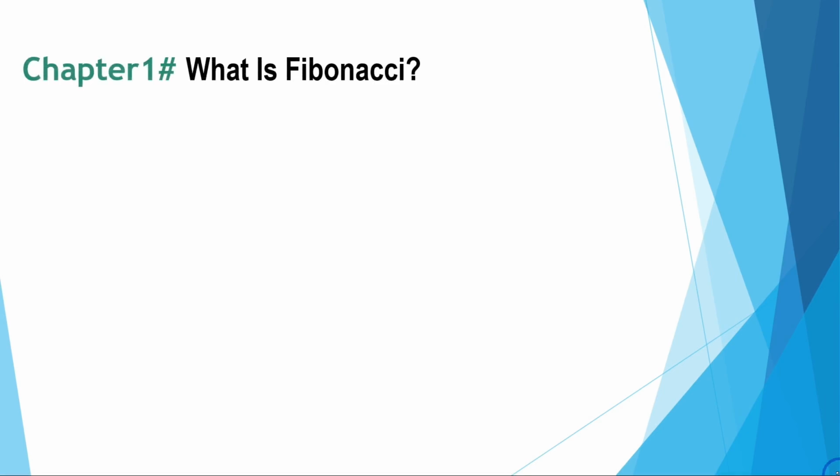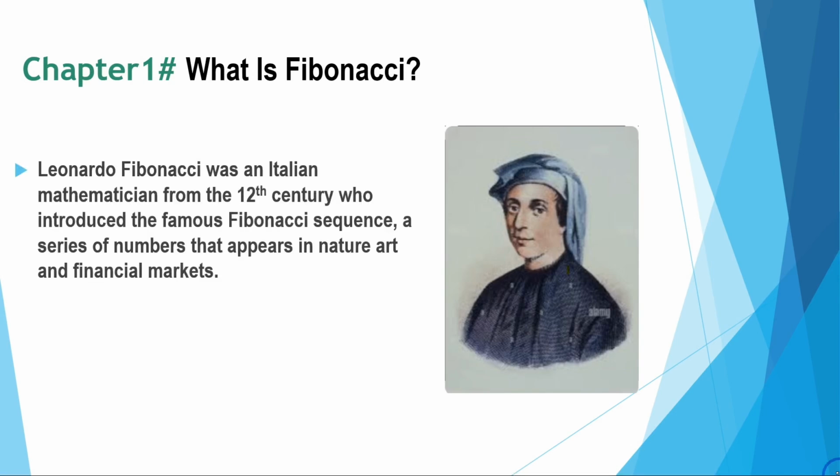What is Fibonacci? Leonardo Fibonacci was an Italian mathematician from the 12th century who introduced the famous Fibonacci sequence, a series of numbers that appears in nature, art, and financial markets.